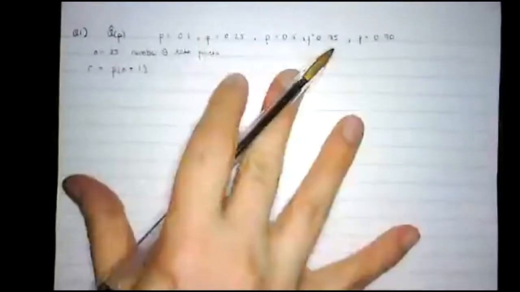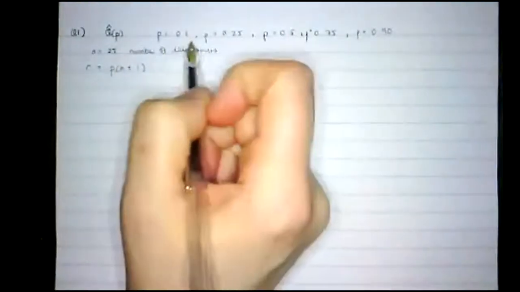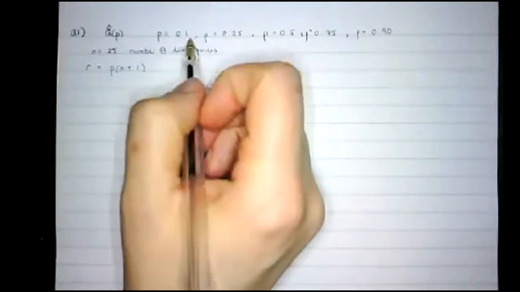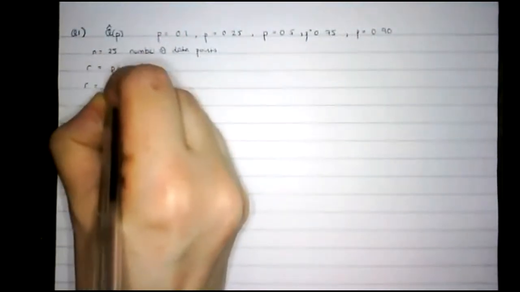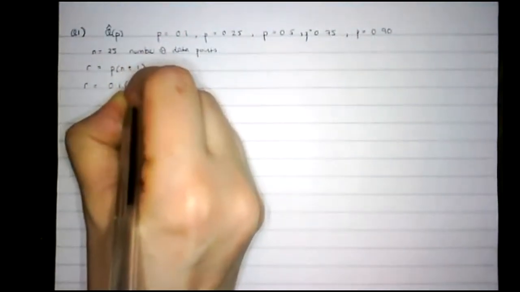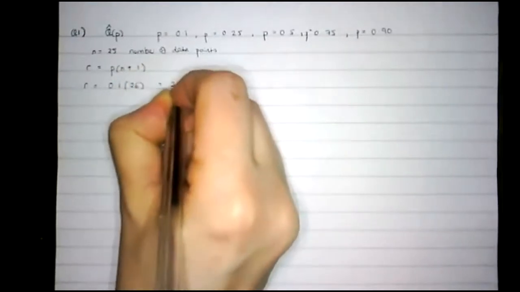For the first of these values that we were asked to calculate, the 10th percentile, we need to put P equal to 0.1 into this formula. So we end up with R being 0.1 times 26, which is 2.6. Now, if a whole number comes out here, we can just take the percentile in question to be that element in the ordered sample.